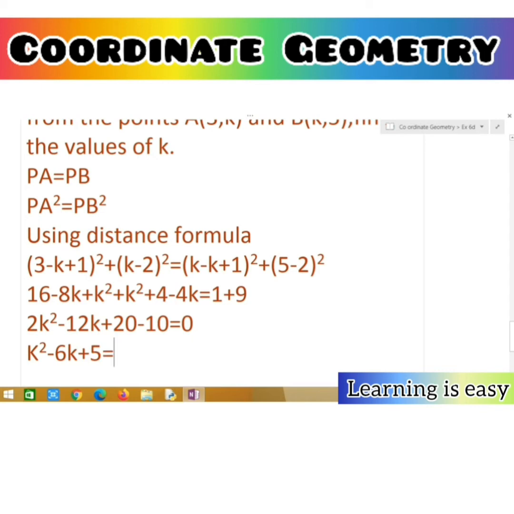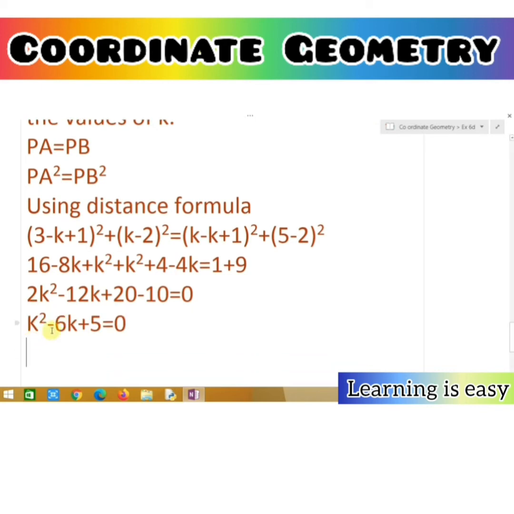equal to 0. So the product is 5, sum is minus 6. So this can be written as k square minus k minus 5k plus 5 equal to 0.